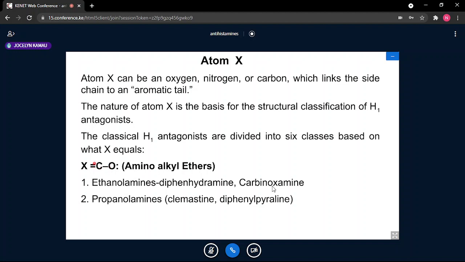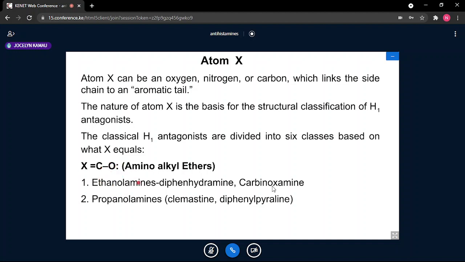The oxygen is not directly attached to the phenyl rings, because remember, the oxygen can only accommodate 2 bonds. If you attach it to the 2 phenyl rings, then you cannot attach it to anything else. So there is a carbon to accommodate, and then an oxygen, and then the oxygen is attached, of course, to the alkyl group.